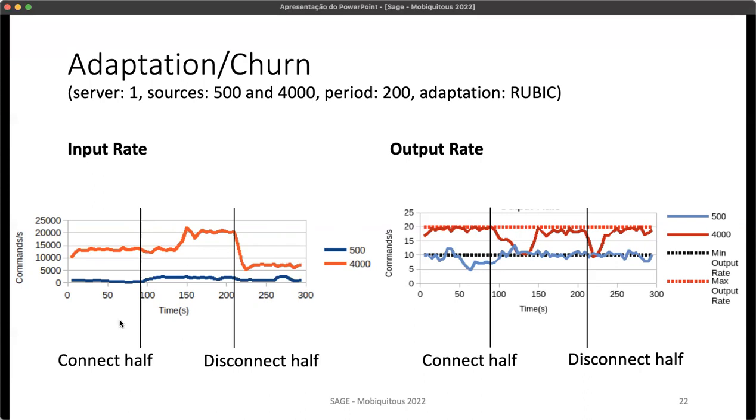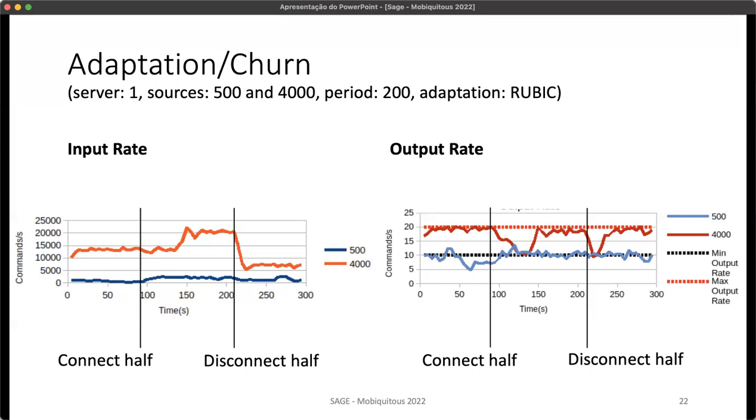We can see here the input rate, and on the right we have the output rate. Looking at the output rate and also the input, at the beginning, when the 2,000 join, the server struggles a little bit because it has to accept a lot of connections and at the same time it has to adapt in order to keep the expected data rate. So the data rate falls a little bit before it is able to recover.